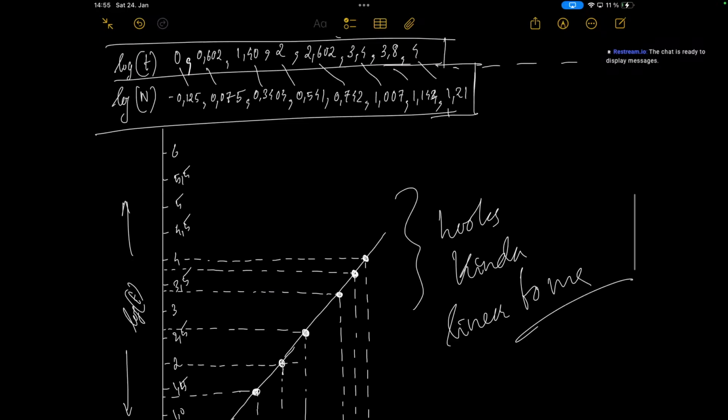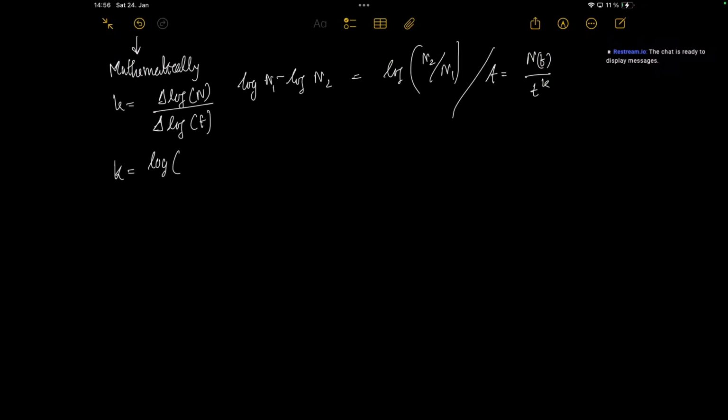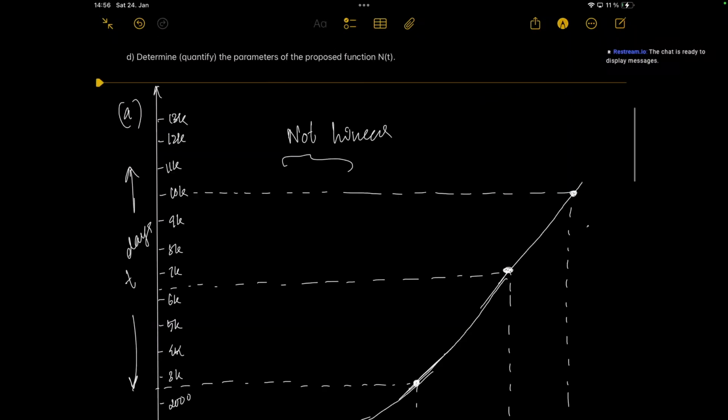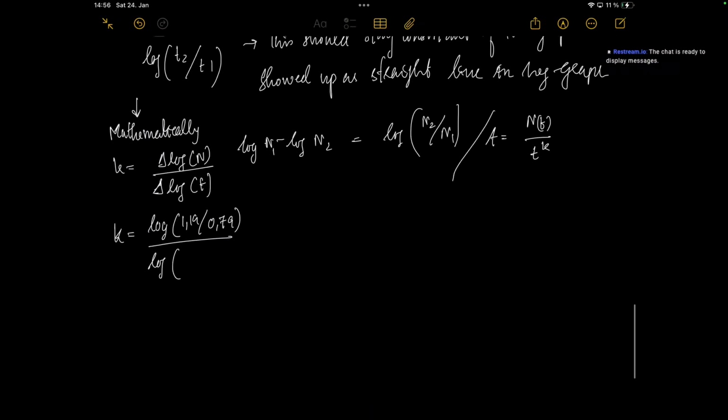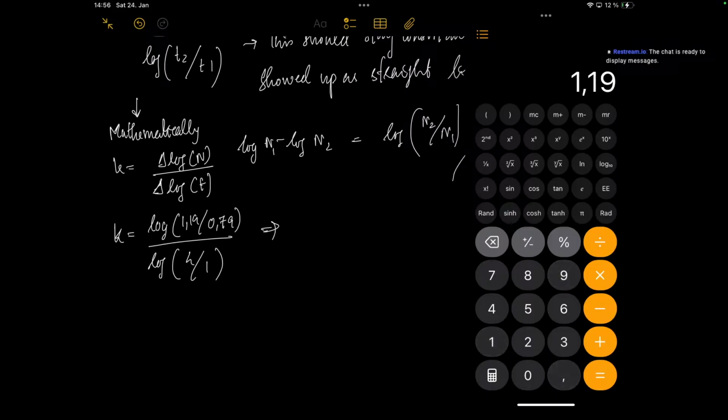Log of n2, 1.19 divided by 0.79, n2 by n1 equals, oh, stupid.